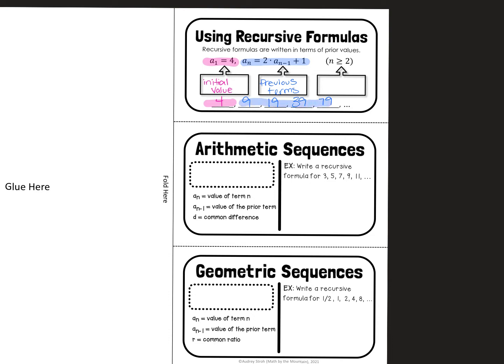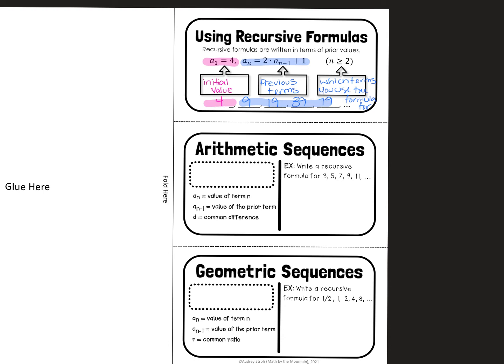In that very last box, which terms do you use the formula for? So anything that is n greater than or equal to 2, I would use this formula for.